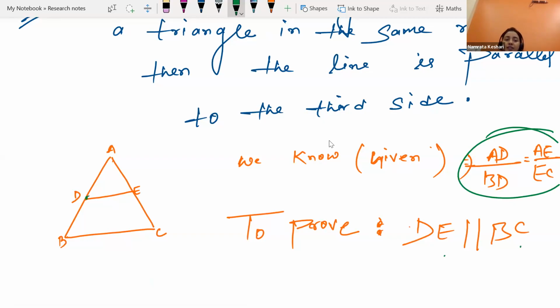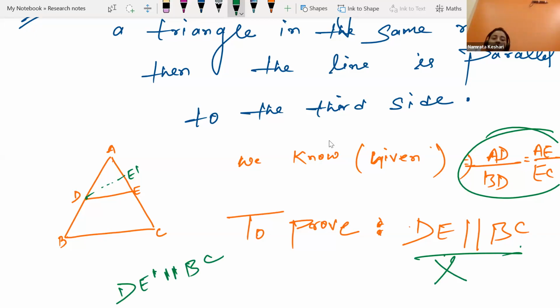Another line DE dash is parallel to BC. Contradiction method we are using. Whatever we have to prove, we first assume that it is not parallel and that another line DE dash is parallel to BC. Then at last we will say that our assumption is completely baseless. So the contradiction we are assuming at first.